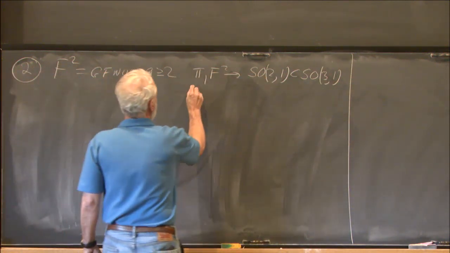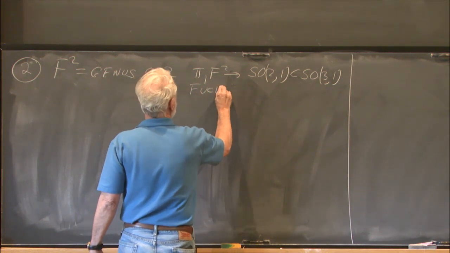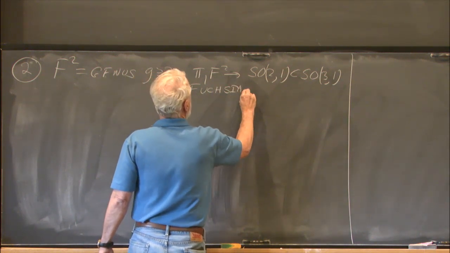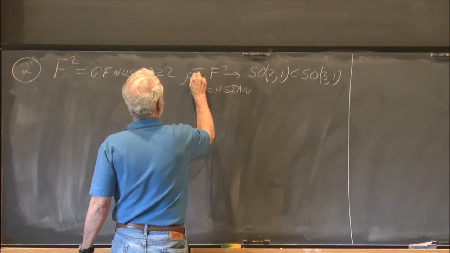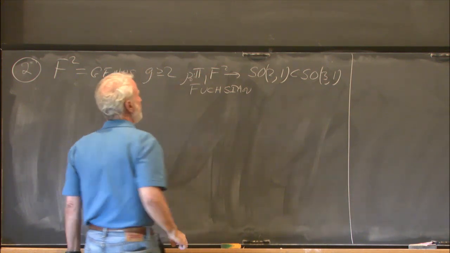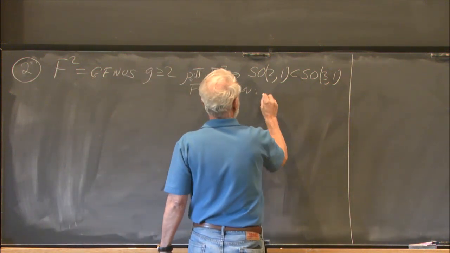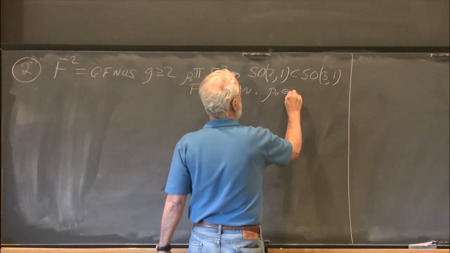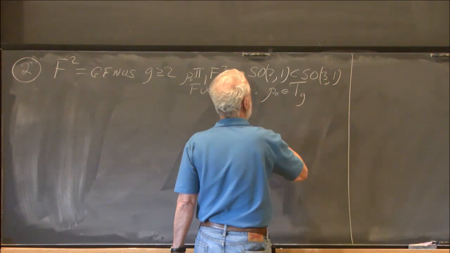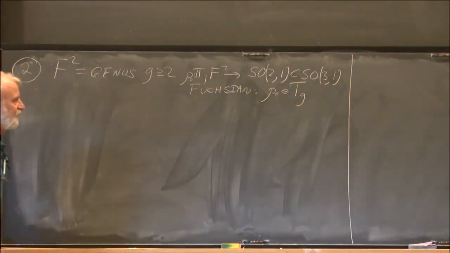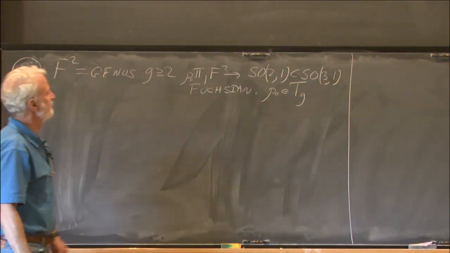So these are Fuchsian representations. If I call this rho, this will be rho naught ultimately. In particular, there's a whole large space of these called the Teichmuller space, which I'll denote by this, a large 6g minus 6-dimensional ball.